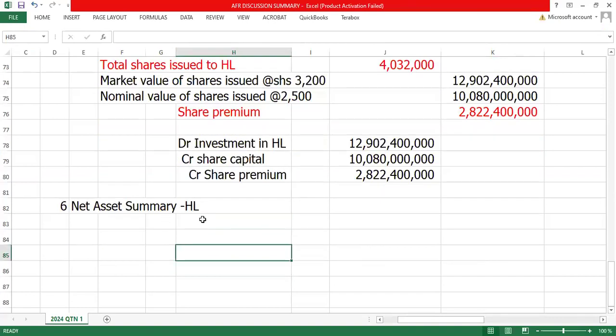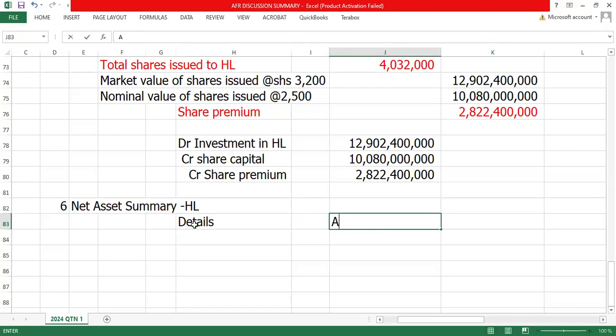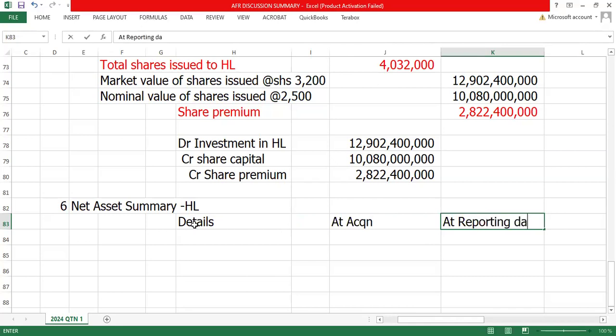So you have your details, then at control date at acquisition, then at reporting date. You acquired this on 1st July 2022, and here you are closing out at 30th June 2023.